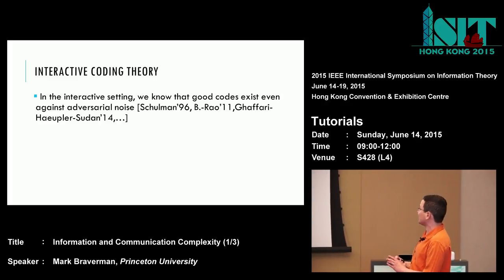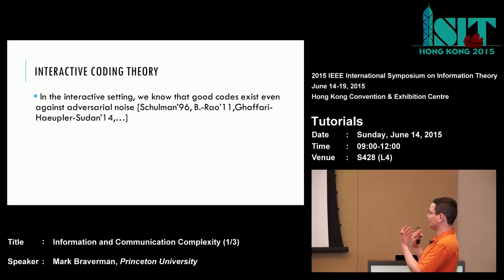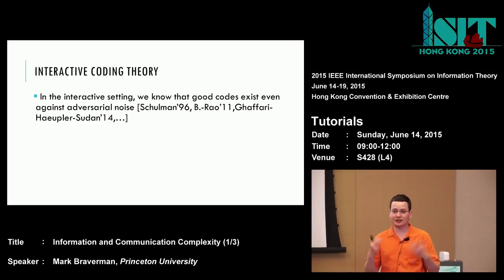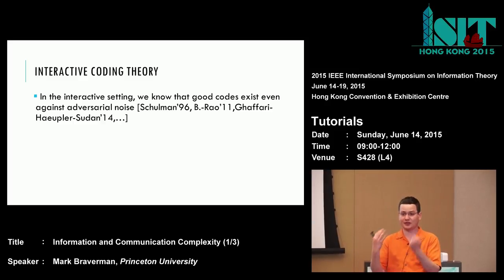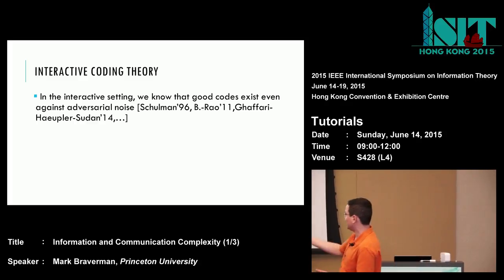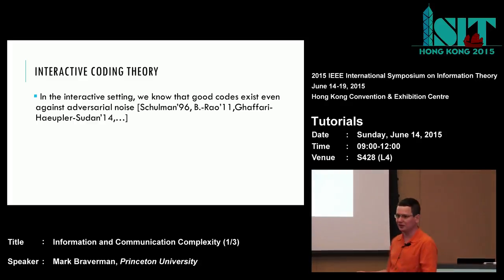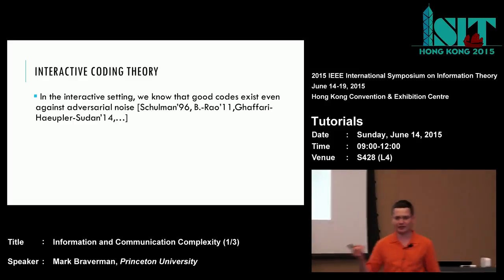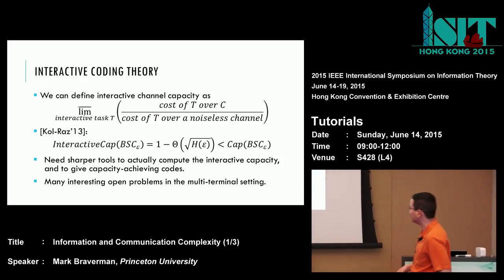In the interactive setting, it is known that you can protect yourself against adversarial noise, not even random noise. So even if your channel is adversarial, you can actually protect yourself against errors. But of course, in this setting, even in one way, we don't know the exact rate. So that would be too much to ask.